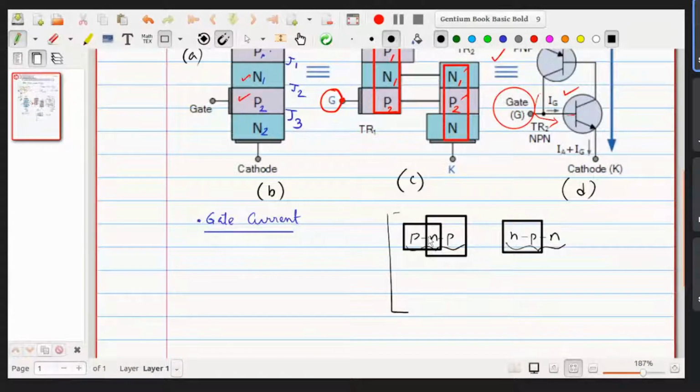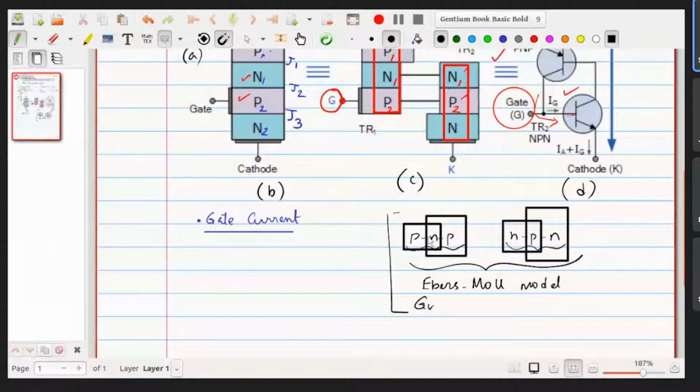It is the same for the NPN also: one PN and another PN connected back to back. If we try to study the mathematical model based on this concept, there are 2 models available. One is known as the Ebers-Moll model and another is known as the Gummel-Poon model.